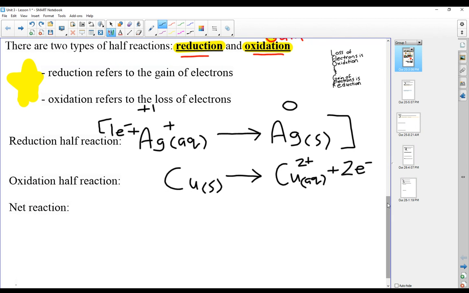From Chemistry 20, you would likely remember that we need to have our electrons balanced. So I have 2 electrons here, and I have 1 electron here. How do I get to a common factor?